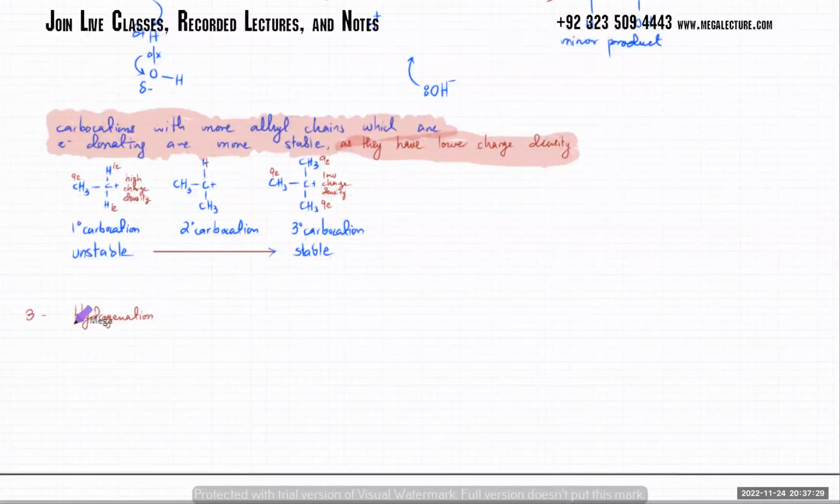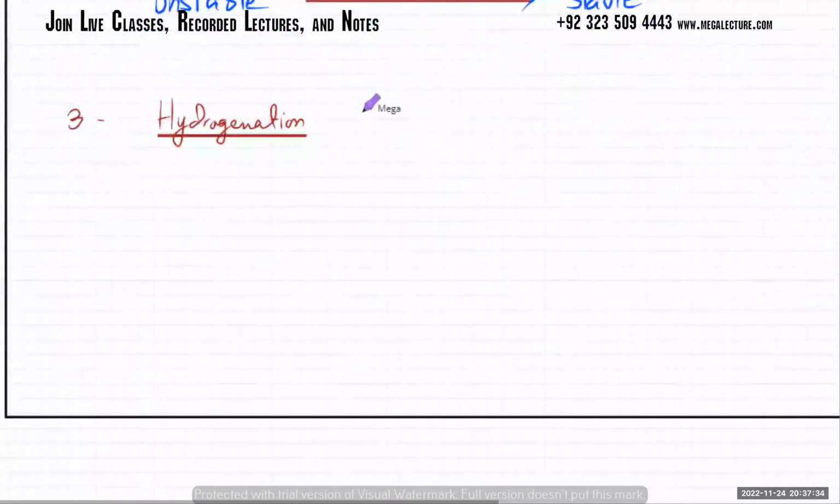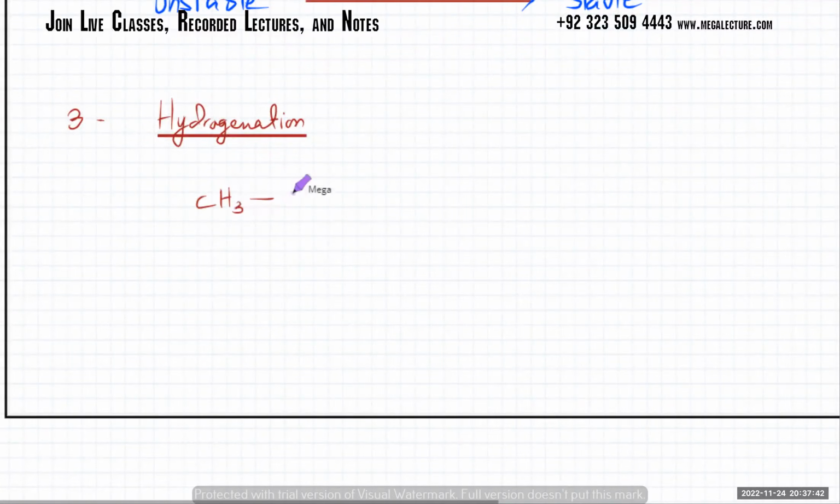Okay, so there's a reaction called hydrogenation, और ये भी उसका है O levels का, ठीक है, IGCSE. So hydrogenation is कि you have an alkene and hydrogen gets added to it.